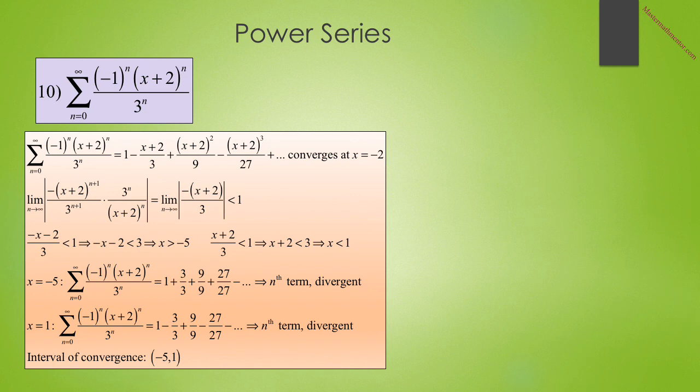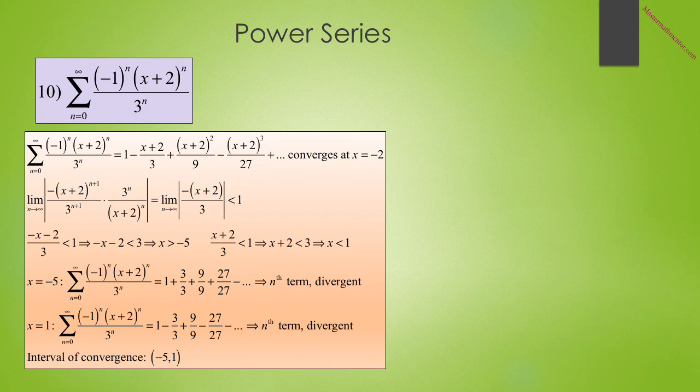We break it up into 2 sections, looking at negative (x minus 2) over 3 less than 1, or negative x minus 2 less than 3, meaning that x is greater than negative 5. Or (x plus 2) over 3 less than 1, meaning that x plus 2 is less than 3 and x is less than 1.